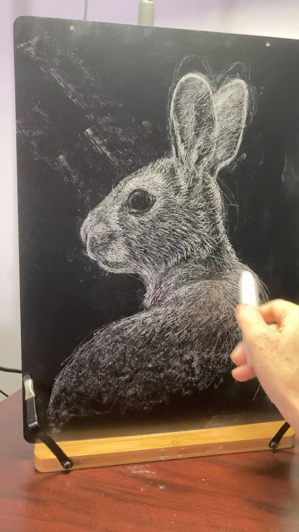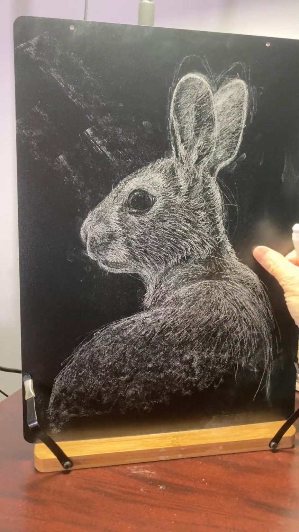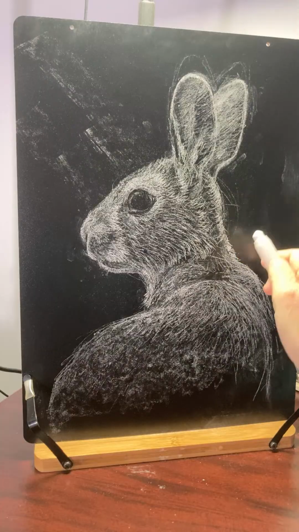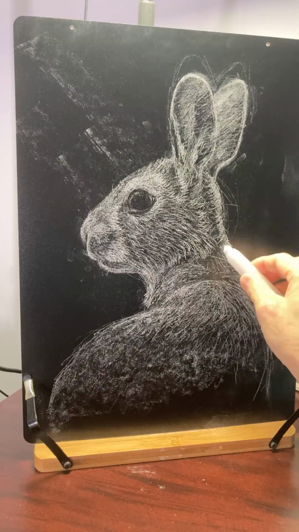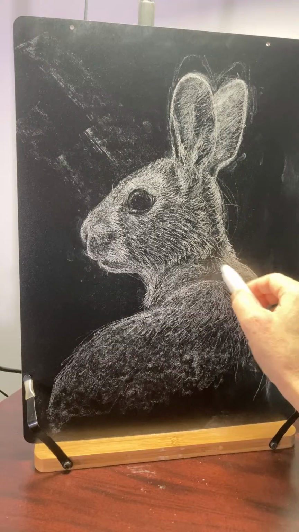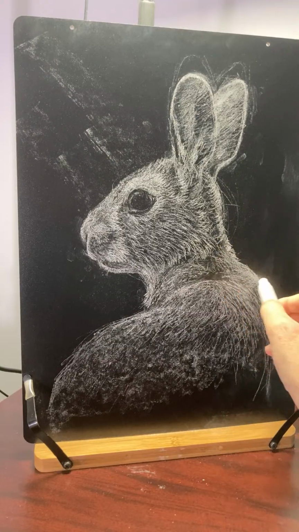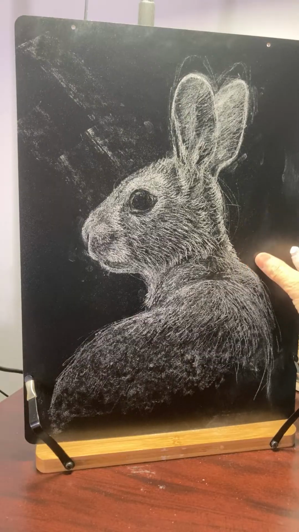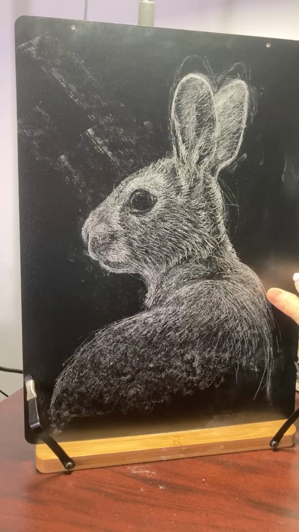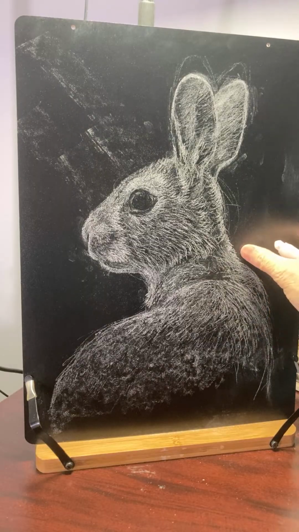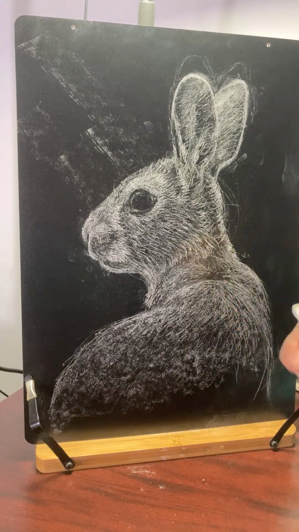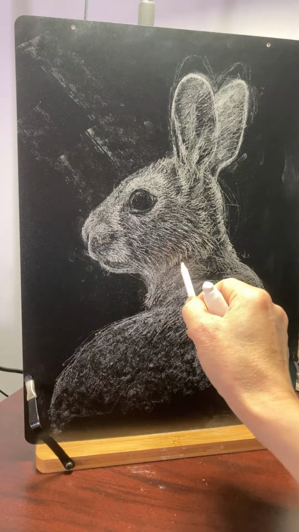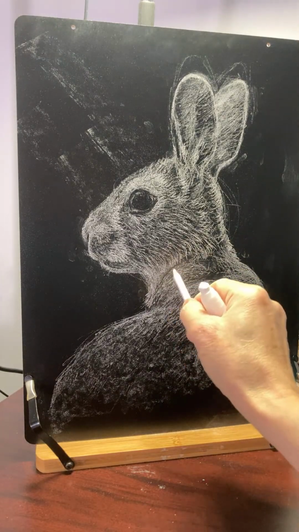So this one is very simple. This rabbit doesn't have much difficult facial features, and it's cute. So it's a very good practice to draw animals when you start with this beautiful rabbit.